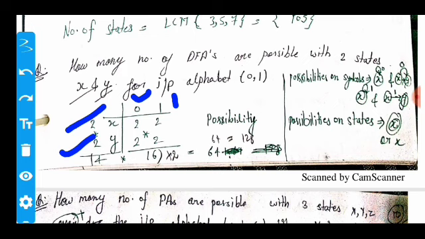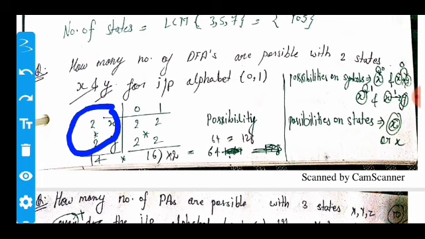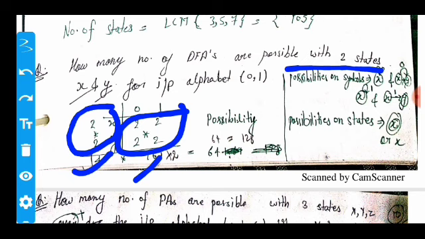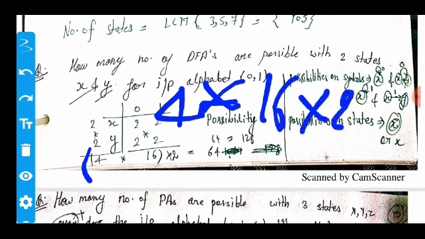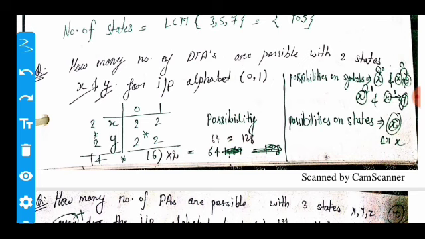So here the combination from states is 2 multiplied by 2, the total number of combinations is 4, and the total number of combinations from the input alphabet is 16. But considering the possibility of 2 states, we multiply this 4 into 16 into 2, so we get 128 possible DFAs in this question.